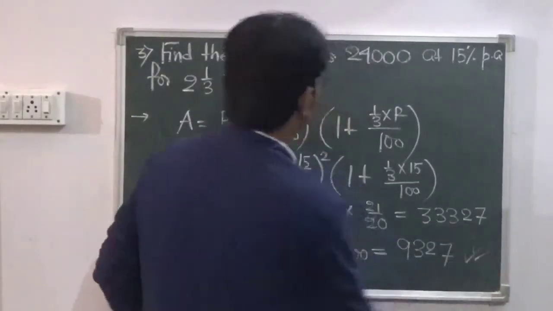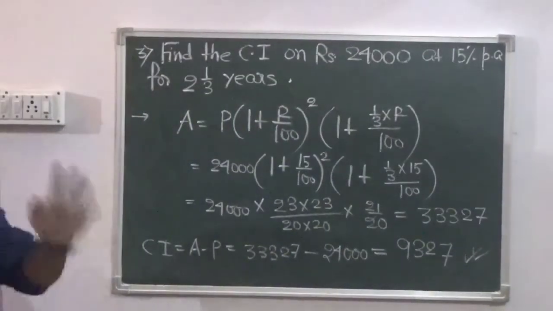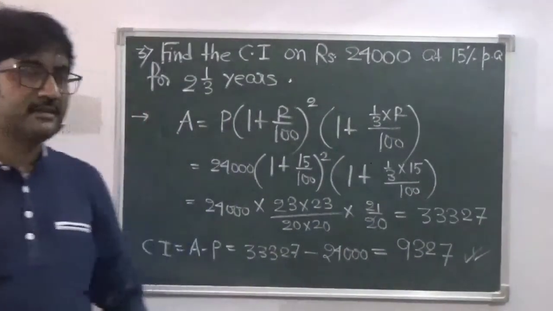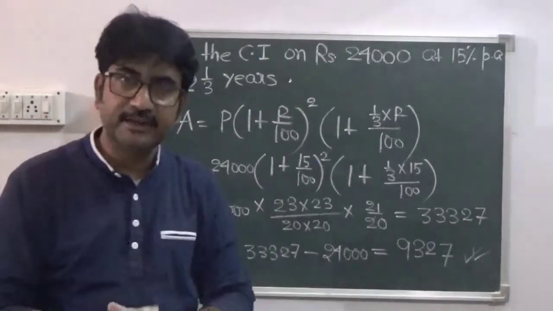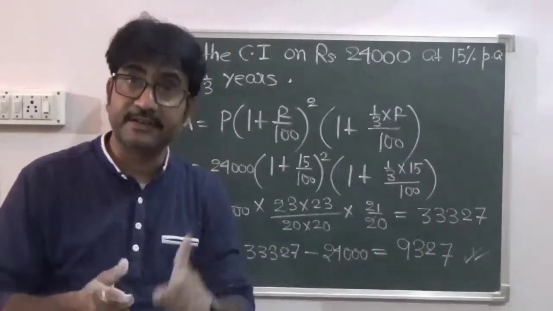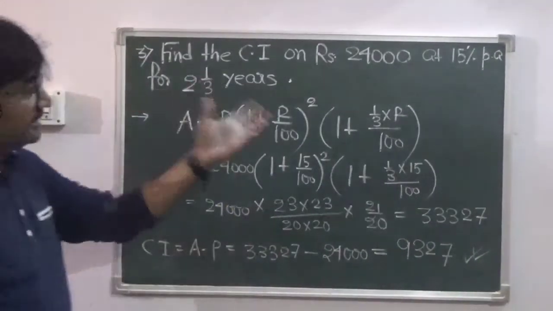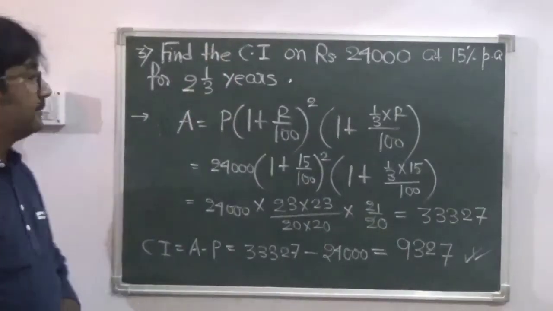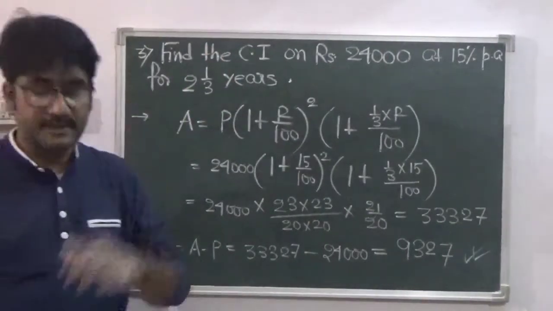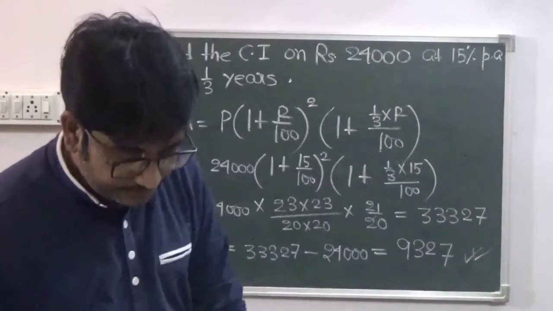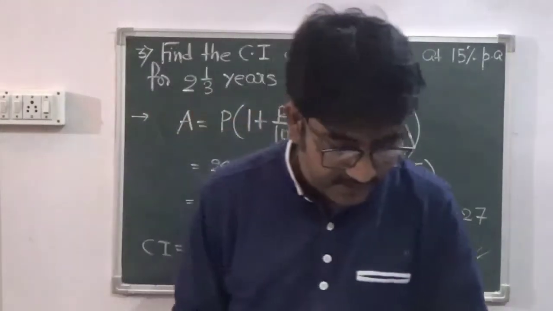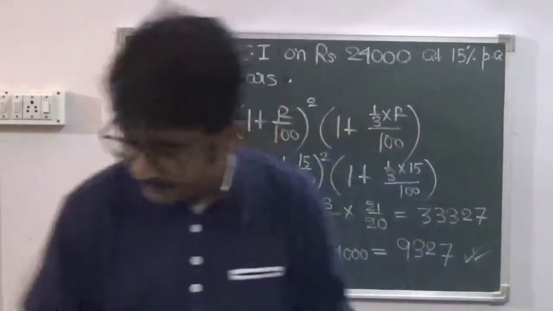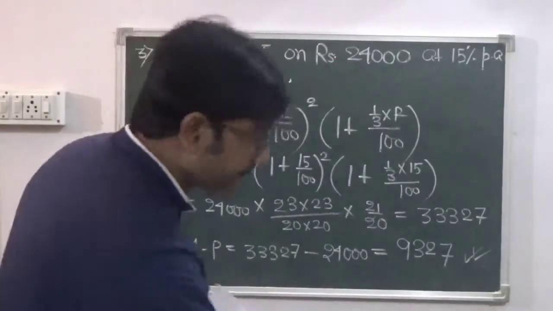So now all three types we have done. First one is compounded annually. Second one is when the rates are different for different years, and third one is also compounded annually, but the time is in fraction. Now we move on to the next question, question number 4, and write it on the board.